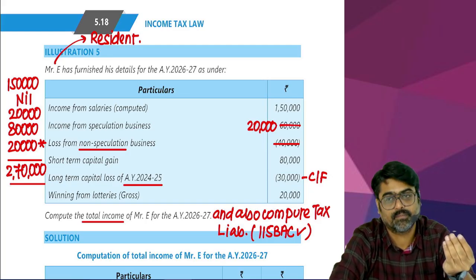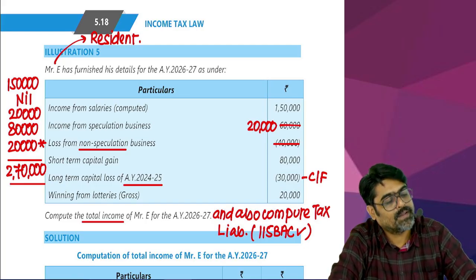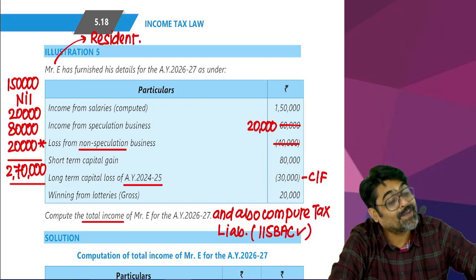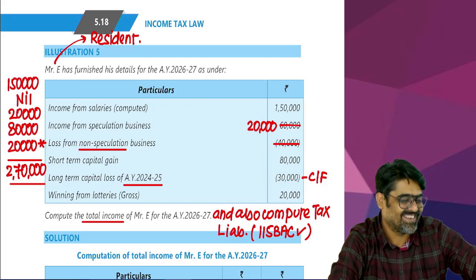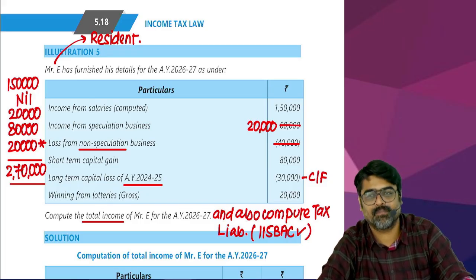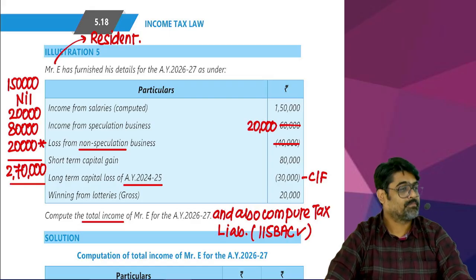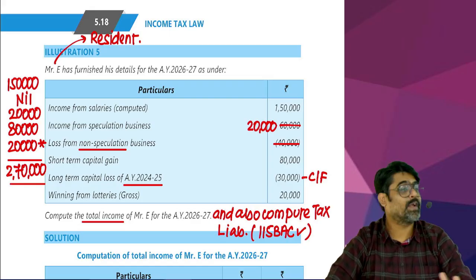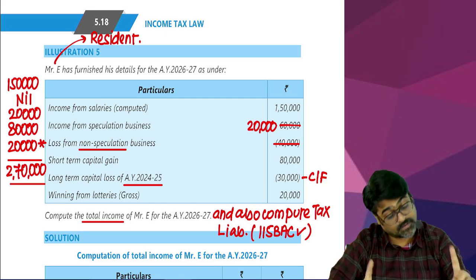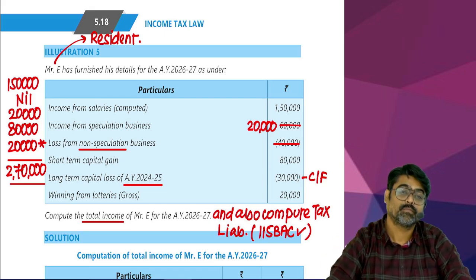Tax will be there. If no tax would have been there, I would not have given you to calculate. Apply some mind and try to remember. Tax is there. You cannot say that tax is not there. That you have to calculate. Nil tax is the wrong answer.